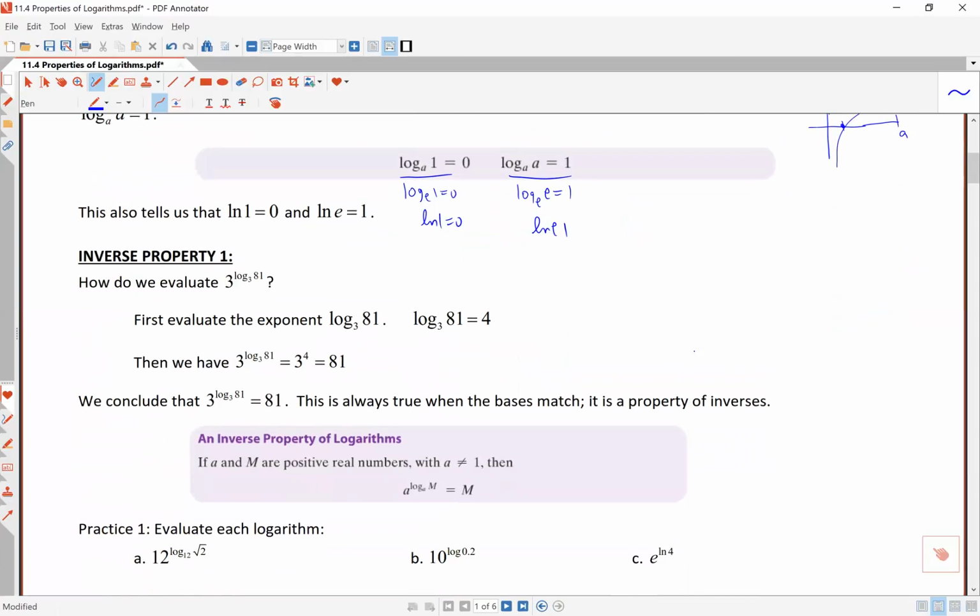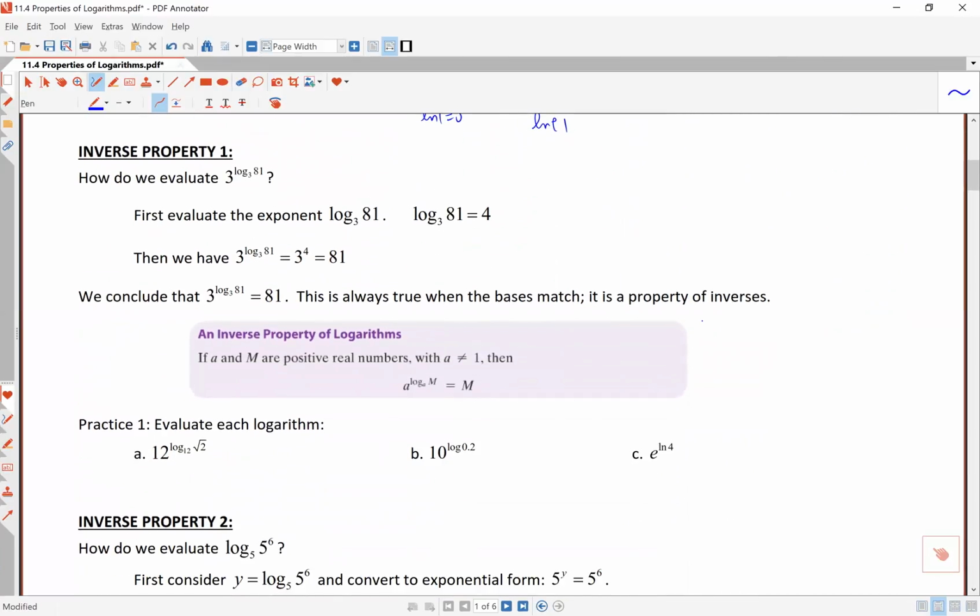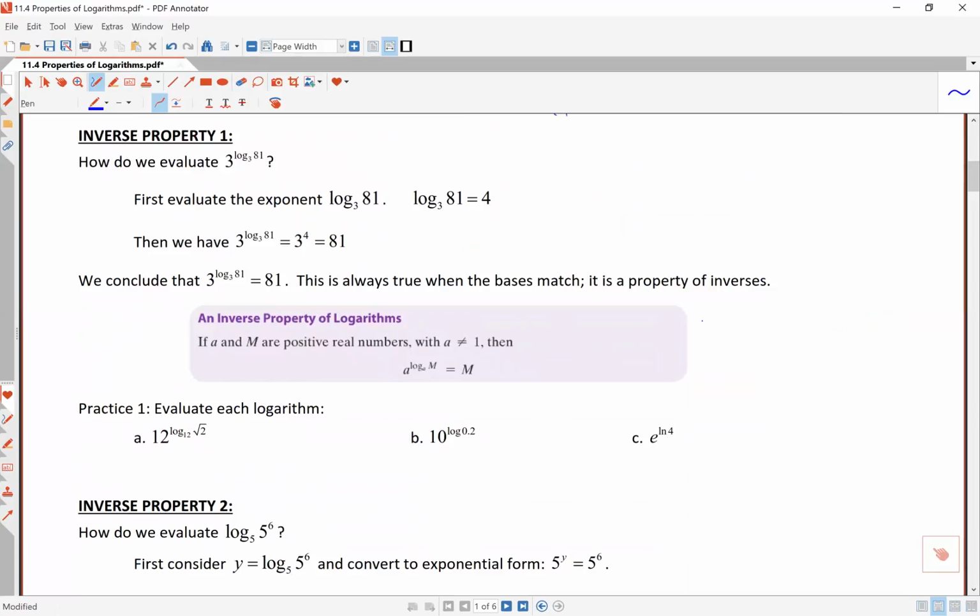Now, 2 more properties are called the inverse properties. What you see there is 3 raised to this, that's the exponential portion, 3 raised to the log base 3 of 81. So how would we evaluate this? Let's look first at the log base 3 of 81, the exponent.